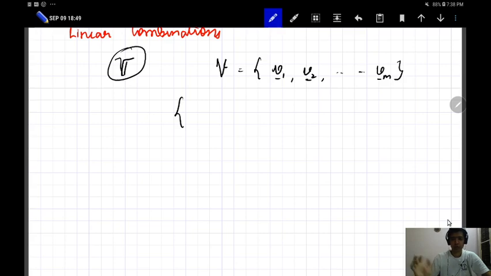Pick any m vectors and consider the set of all linear combinations of these vectors.